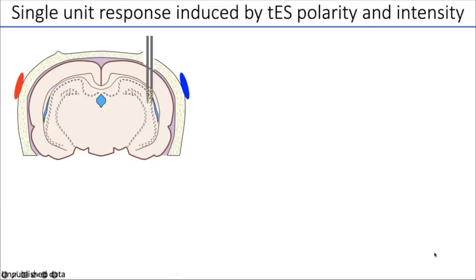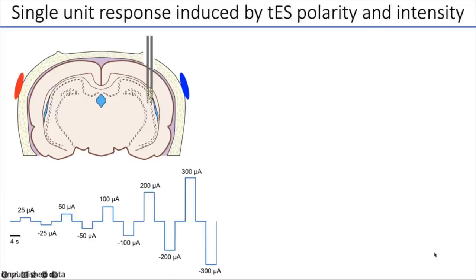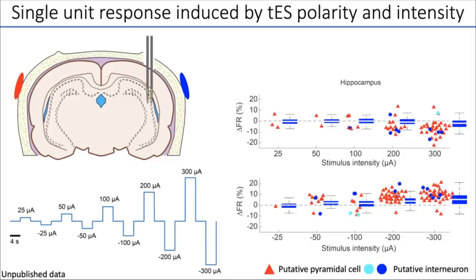Next one. To further investigate whether single unit responses reverse with polarity and scale with intensity, I implanted freely moving rats with a silicon probe in the hippocampus, which you can see on the top. Now, instead of using this mirror configuration, I applied different stimulation intensities and polarities. 4 seconds of stimulation was followed by 4 seconds of no stimulation, as you can see on the bottom left side.